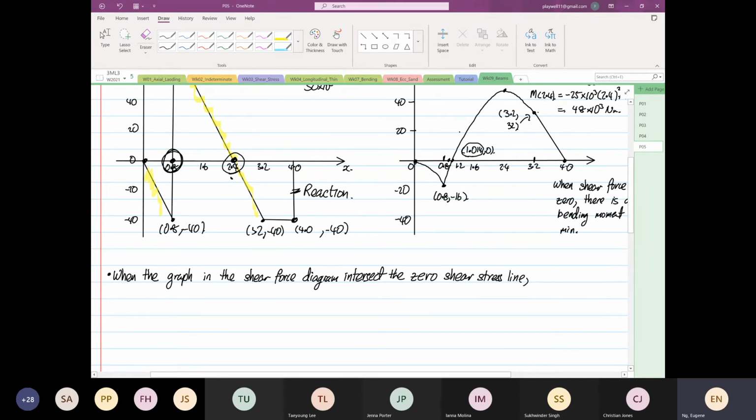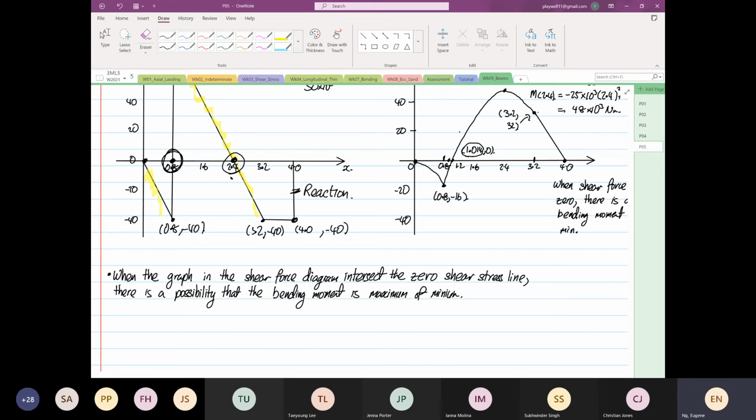Like what I mentioned, there is a possibility that the bending moment is maximum or minimum. You guys saw that, right?